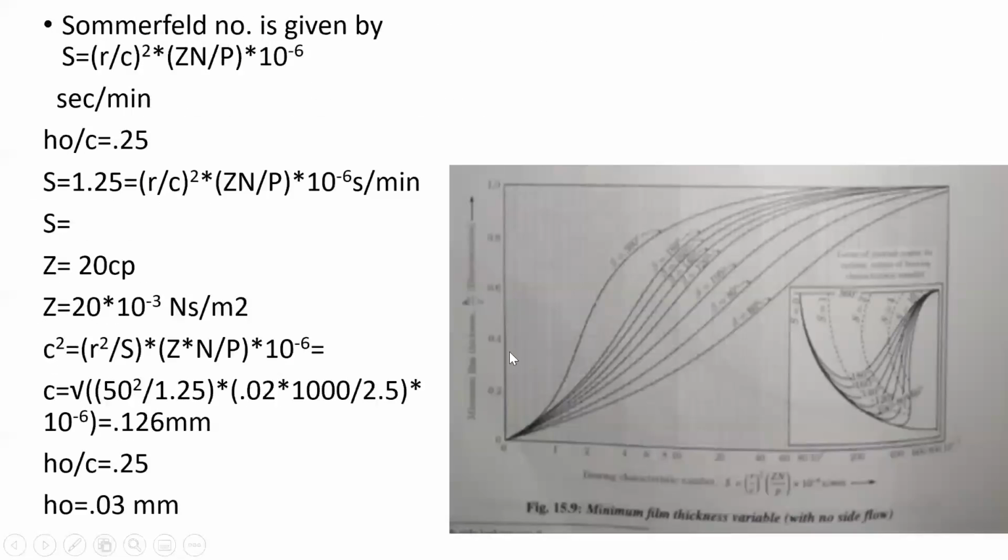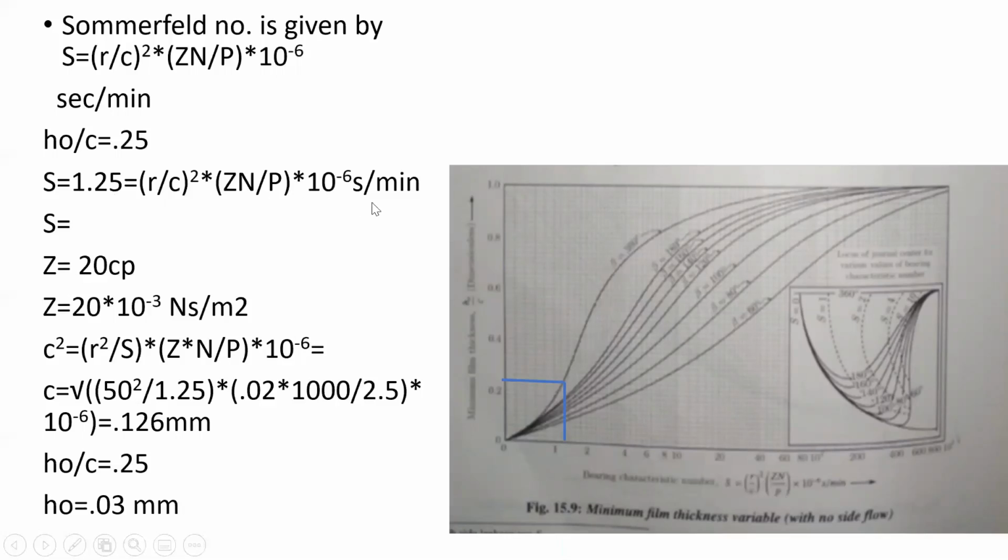We have marked the 0.25 point on the y-axis and transferred it to the beta equal to 360 curve, and then this point is again transferred to the x-axis like this. From here we can read out the value of S, that is (r by c) whole square Zn by P multiplied by 10 to the power minus 6.